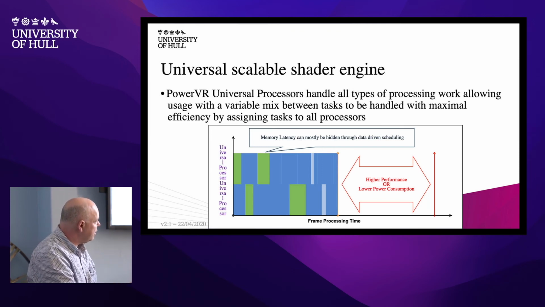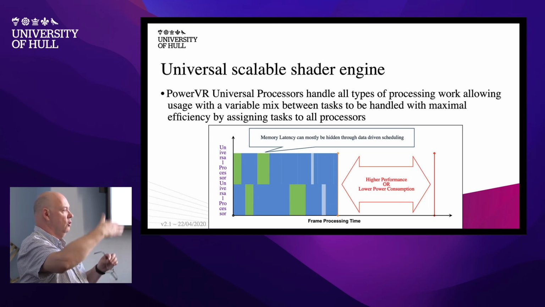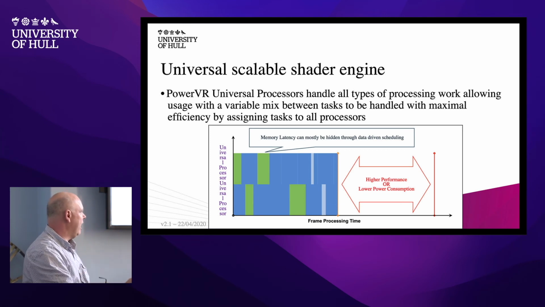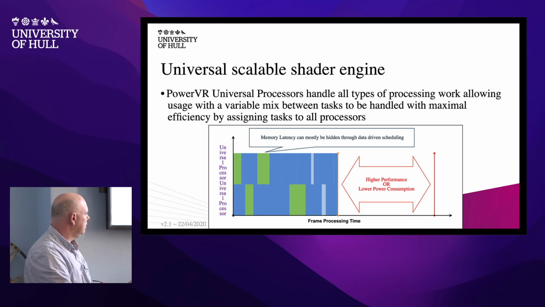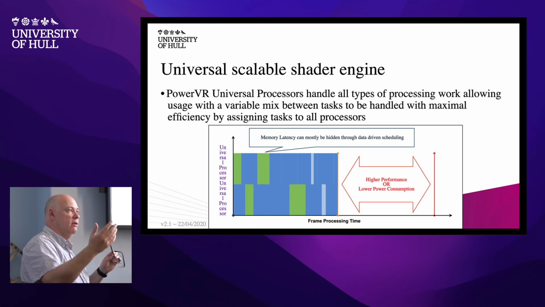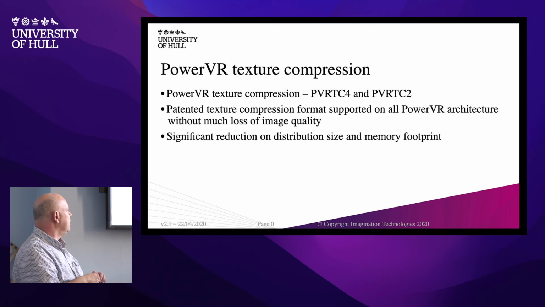So if we've used, say, half the time that we planned to, you can either let it go nuts and double your frame rate for higher performance, or if you are happy with your frame rate, you can leave the GPU idle, save some power, save battery, and that's basically what it's about.